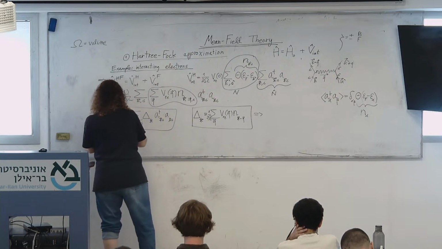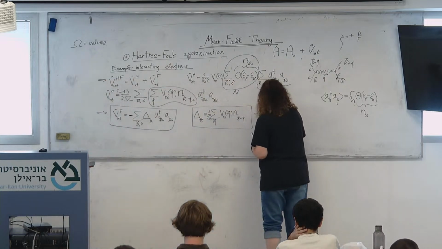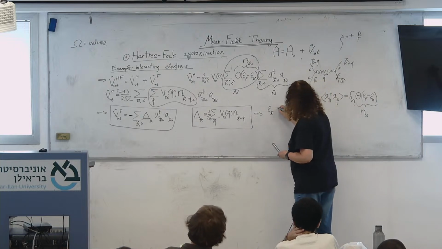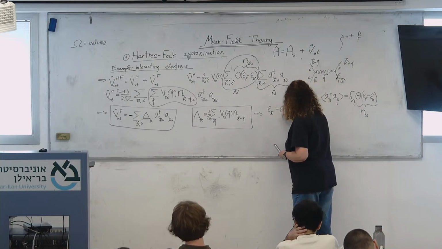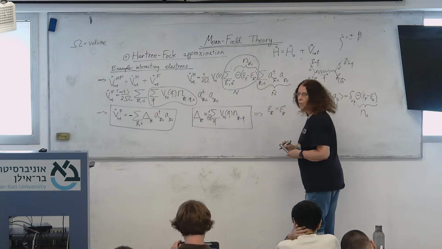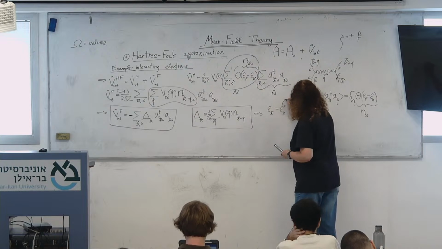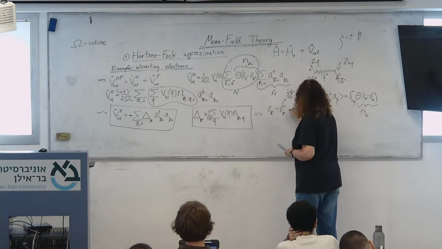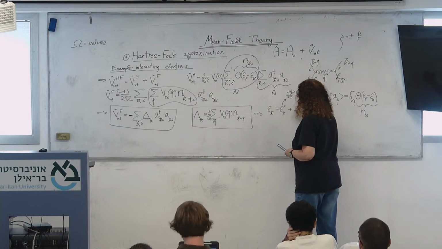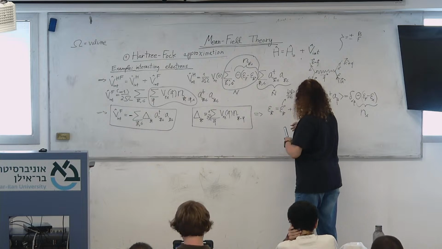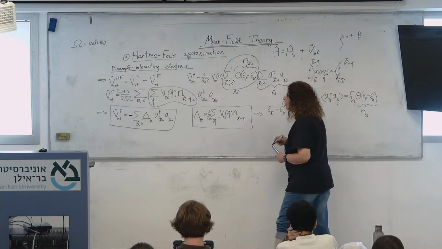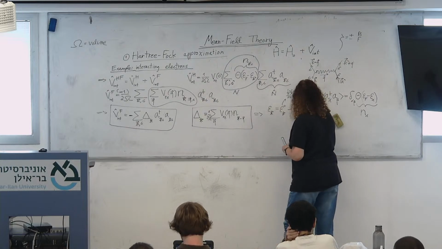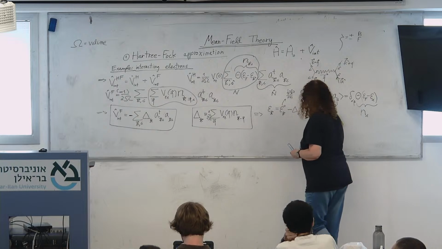It means that for each electron, the modified epsilon k is, let me write it like this, epsilon k 0, which is the usual kinetic energy, plus the Fock correction, which is, let me just write it directly, minus delta k, okay?